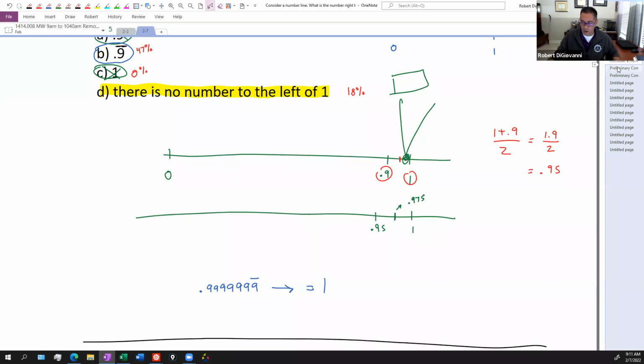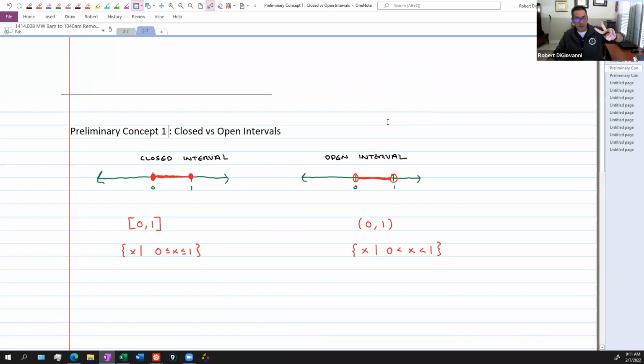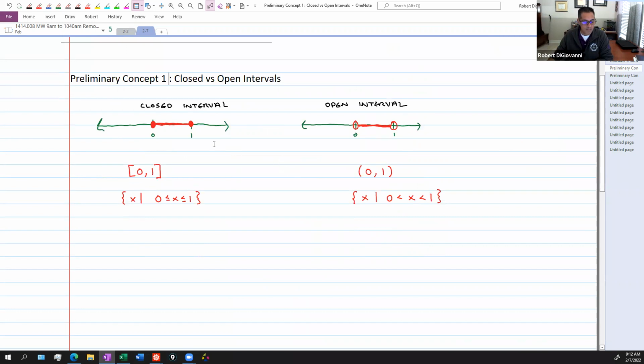Well, there are 2 preliminary concepts we need going into today. We've talked a little bit about this already, but I really want to make sure you understand it. This idea of a closed interval versus an open interval. When we're looking at a closed interval, everything between 0 and 1, including the 2 endpoints, would you all agree that the number 1 is the largest number?